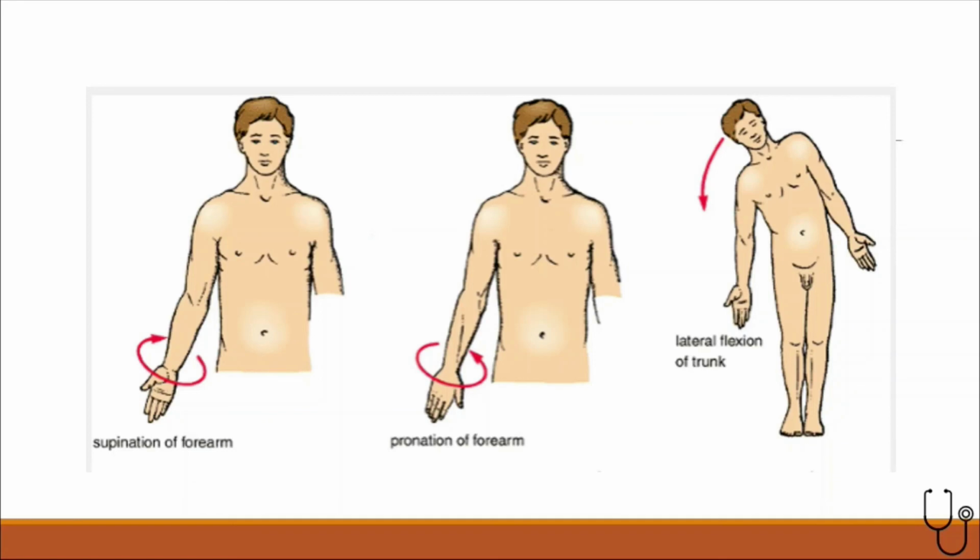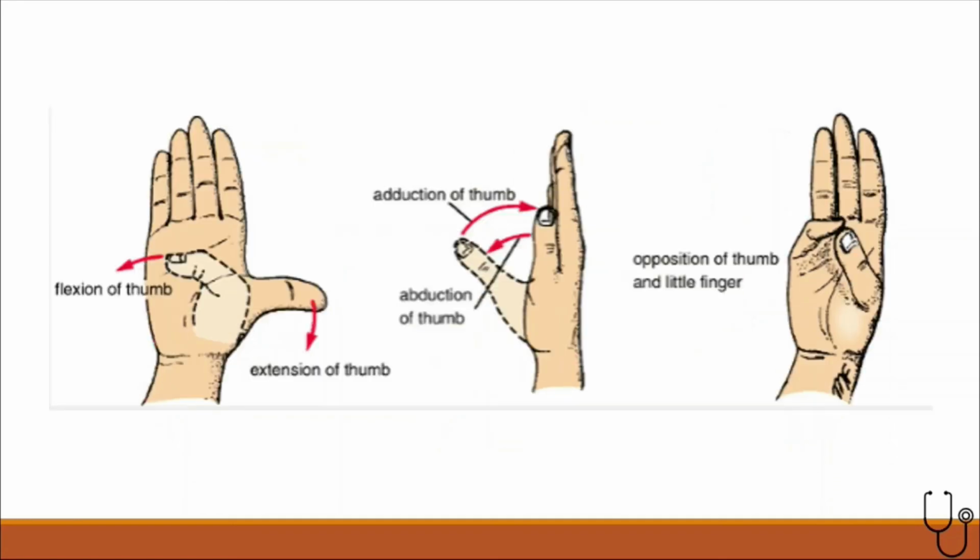Then we will look at the various movements of the fingers. This is the thumb. This is the flexion of the thumb. You can see in this red arrow the flexion of the thumb, and in this red arrow the extension of the thumb.